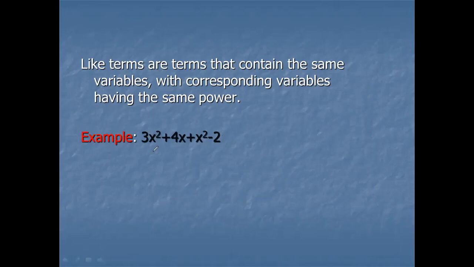3x squared and x squared. Okay, so the only like terms here will be 3x squared and x squared, because 4x, though it is the same variable x, does not have the same power. And minus 2 is a constant.